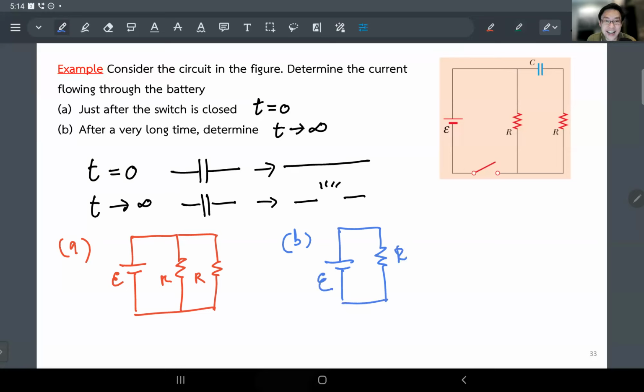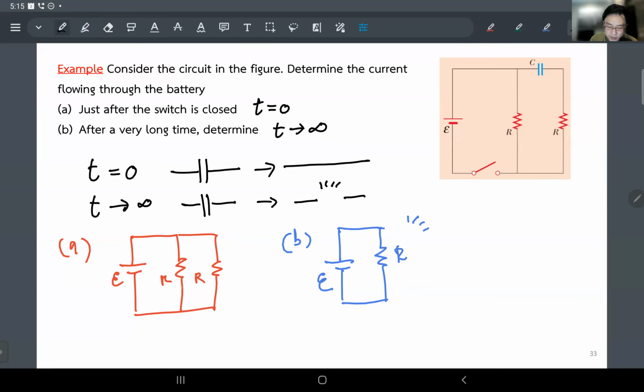That's it, because this is broken. When it's broken, you just ignore that part of the circuit. You don't need it anymore. So your circuit will be reduced down to only this part. I don't care about this. And from here, you can calculate your currents very easily.